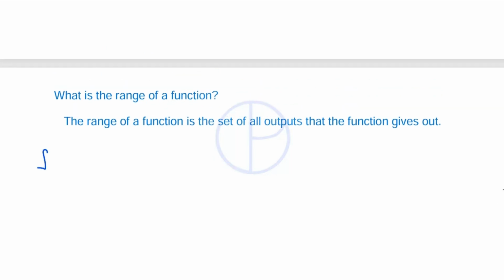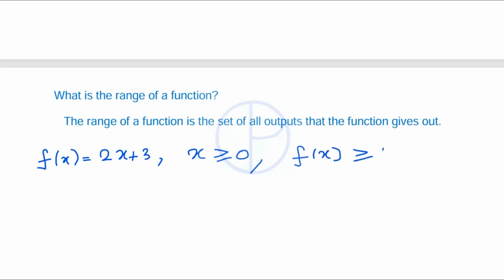For example, let's take the function f of x equal to 2x plus 3 with the domain x greater than or equal to 0. Then the range for this function will be f of x greater than or equal to 3. When you substitute x value as 0, you will get 3. The input 0 will give 3. So after that you will get a greater value. So f of x is greater than or equal to 3.